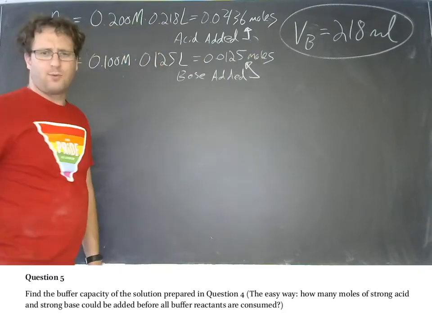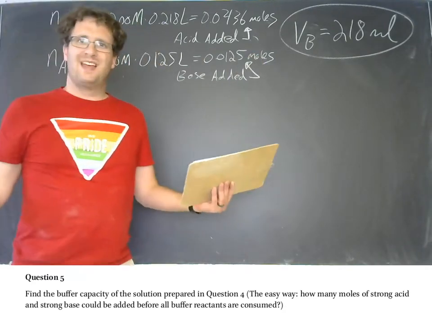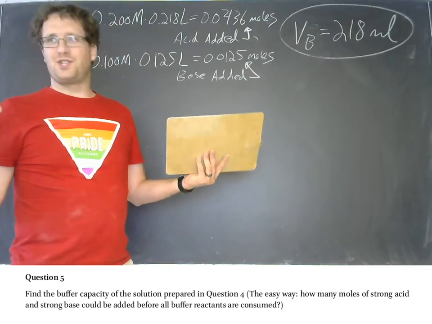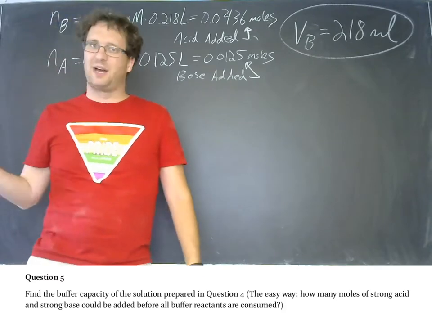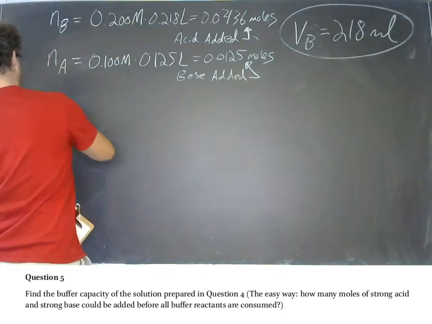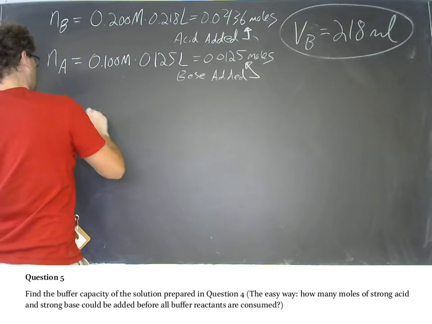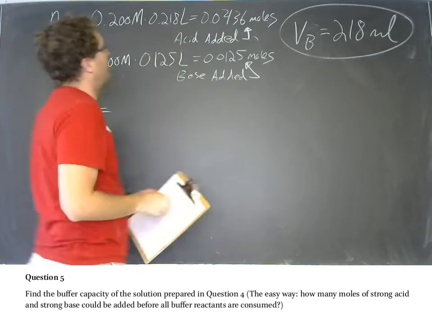And that's all I wanted you to do, but I do want to show you finding the ratio of 1/10 or 10 buffer capacity isn't as bad as you might think. So let's figure out N total. That's going to equal the sum of those two.